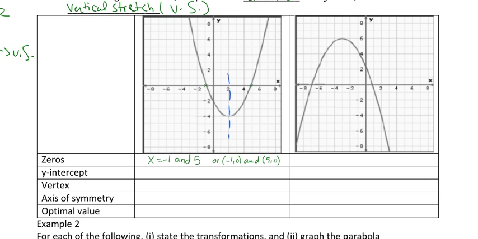I have to show you both. What would be your y-intercept for this? -2. So how would I write that? y equals -2, or I can write it as (0, -2).